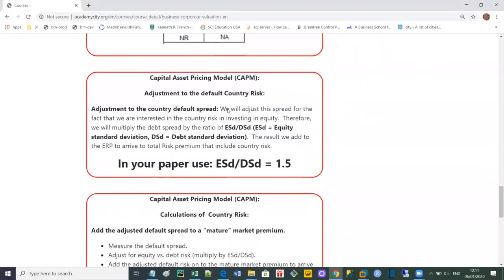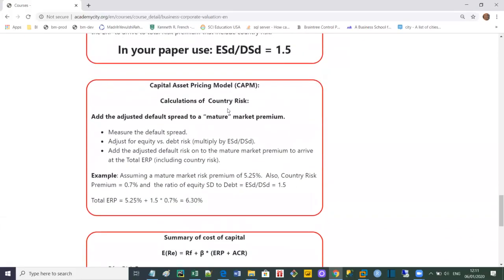So if the spread is 0.7, I multiply it by the ratio of 1.5, and that gives me an estimation of the country risk for that specific country. This one I add to the US risk premium, which gives me the total risk premium of investing in that specific country.